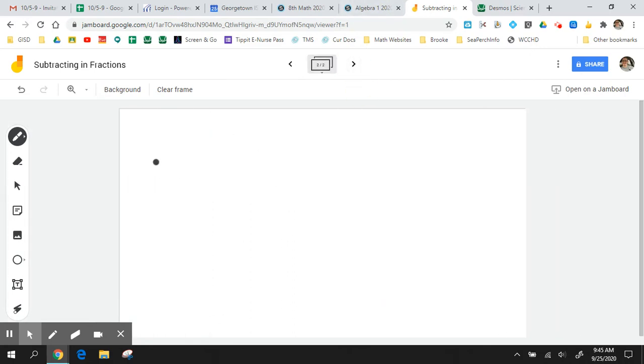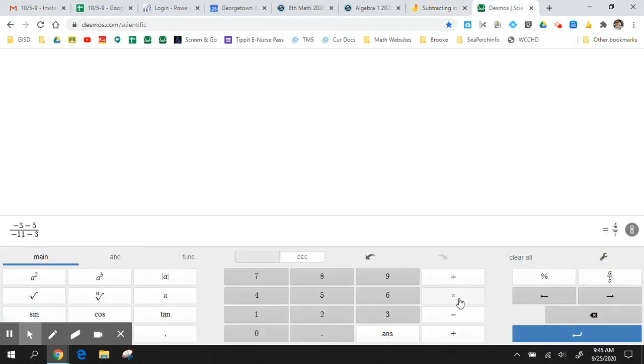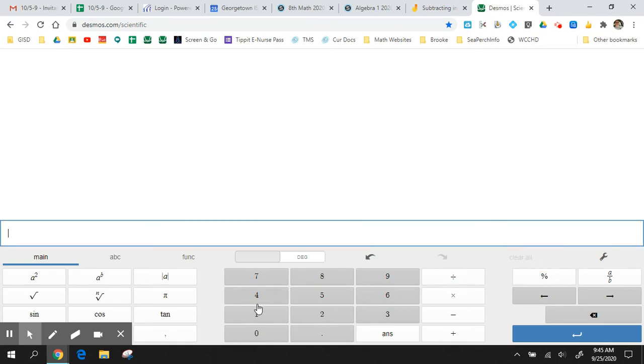So another one is, let's say 22 plus 7, and then negative 11 minus 20. So I'm going to go back to my calculator and hit clear.